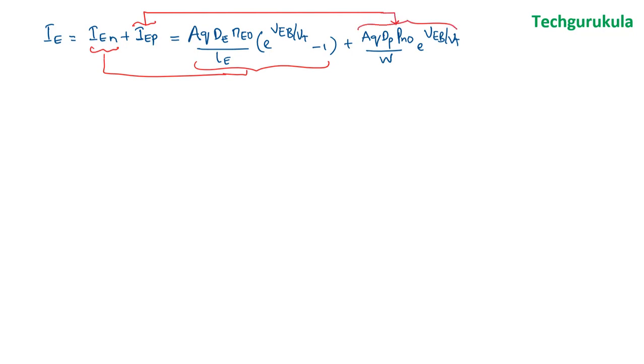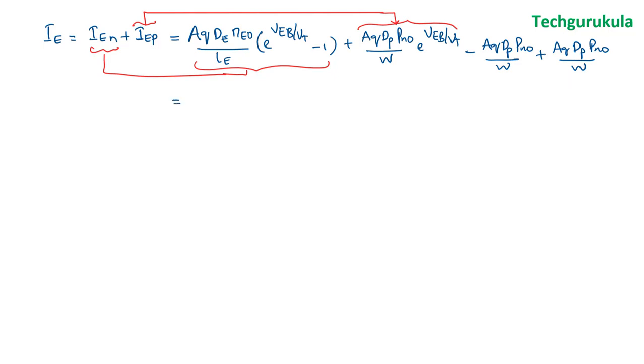But we're going to add a few more terms, that is, subtract AQDP Pn0 over W plus AQDP Pn0 over W. So the equation remains the same, but the only thing is we want to get this form here as well.